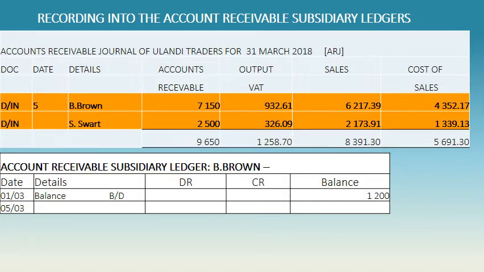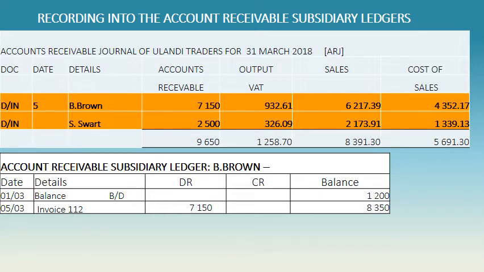Then on day 5, when the invoice was issued, under the details, the invoice number will be reflected. In the debit column, the total amount of the invoice, including VAT, will be reflected. Then a new balance under the balance column will be calculated, and the balance that he owed is now 8,350 rand.